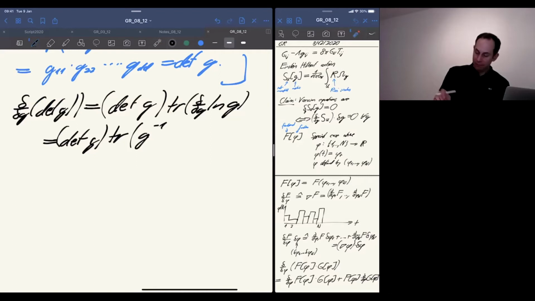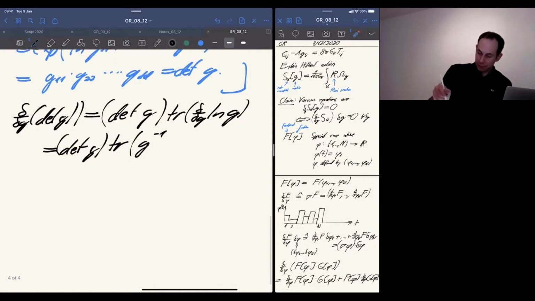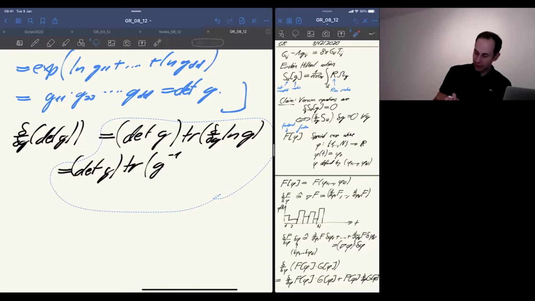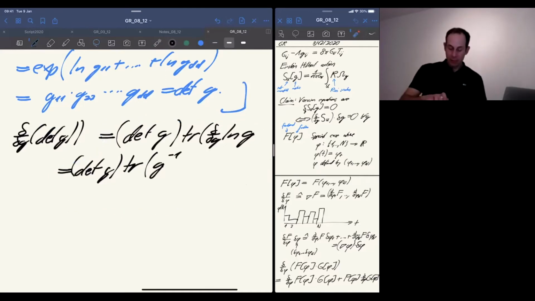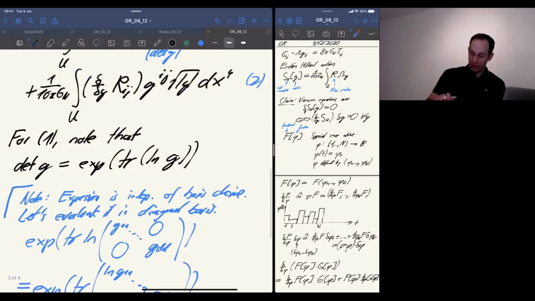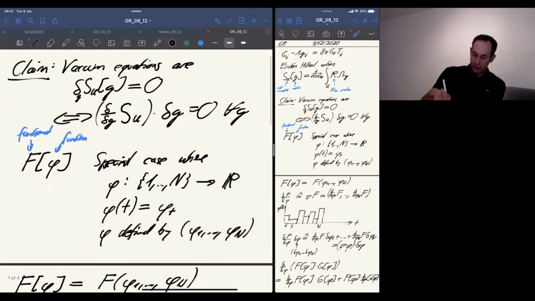Actually, let me change something here. I tried to simplify it, but this didn't work. What I will do is the following. I will do the same that I did at the beginning, where I said if we take the variation of something, then we can also multiply it with this delta g.